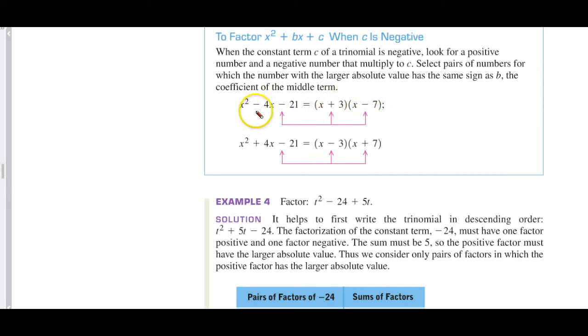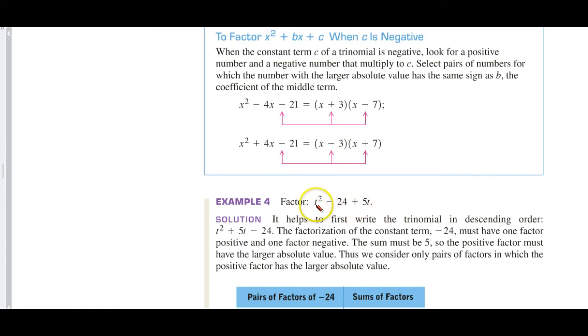Now keep in mind, if our 4 is a negative, then the 7 will be negative and the 3 will be positive. If the 4 is a positive, then the 7's a positive and the 3 is negative. And you might say, well, how do you check this? Well, you check it by foiling, and that will be practice to improve your FOIL.